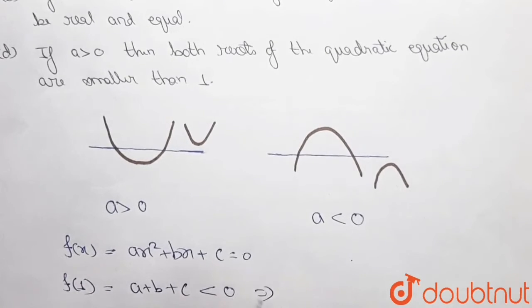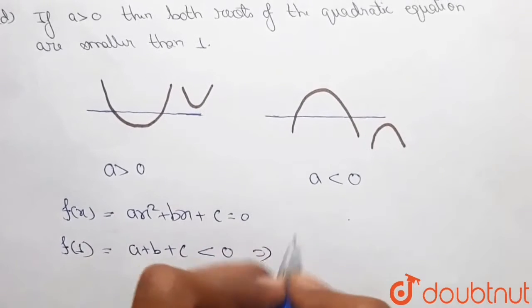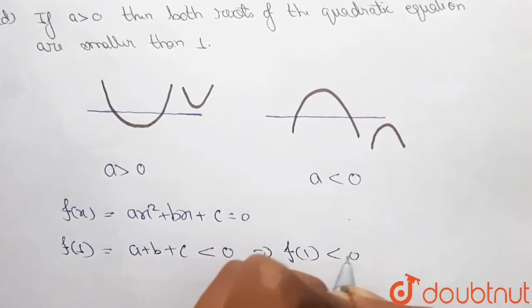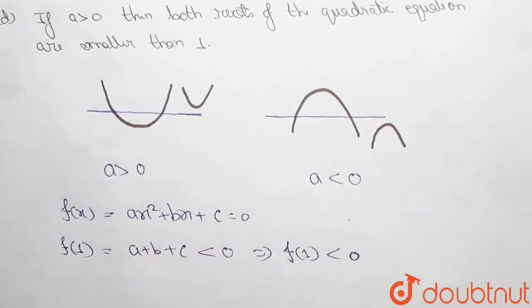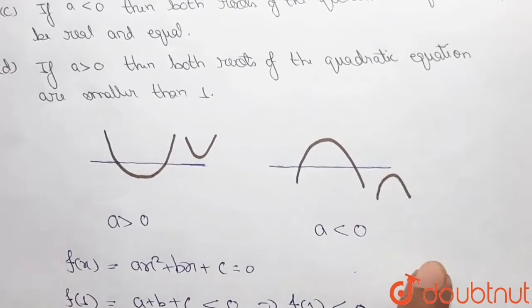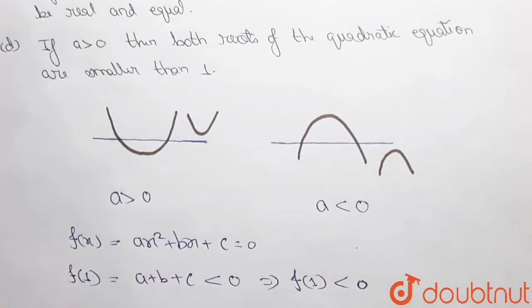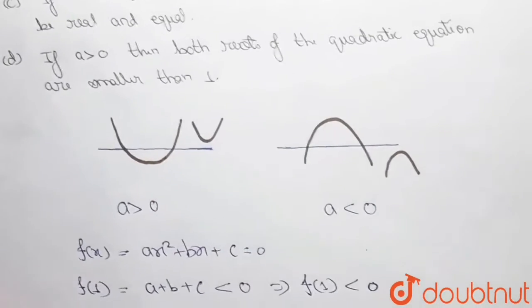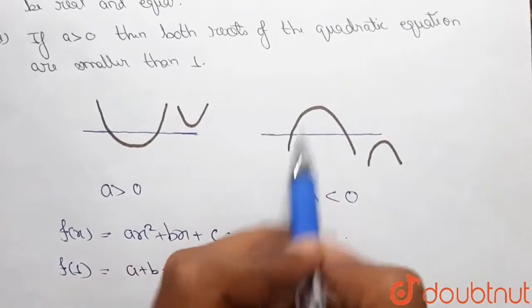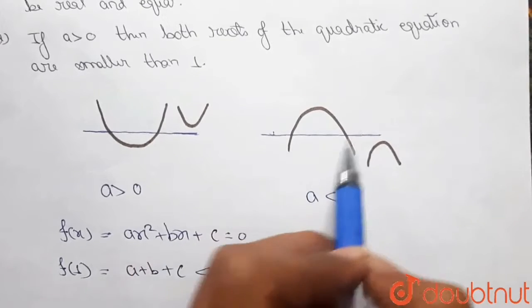So from here we have that f of 1 is less than 0, or the function will be negative at x equal to 1, right? So in these two graphs we can see that this is negative here, and this one is negative in these two regions, right?